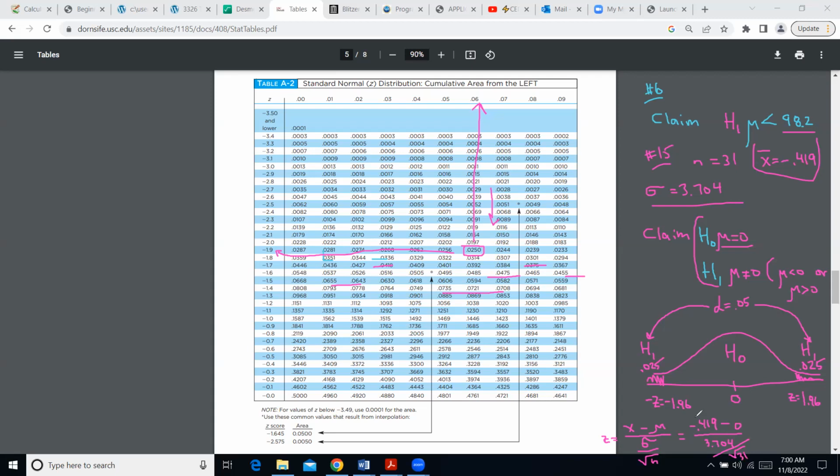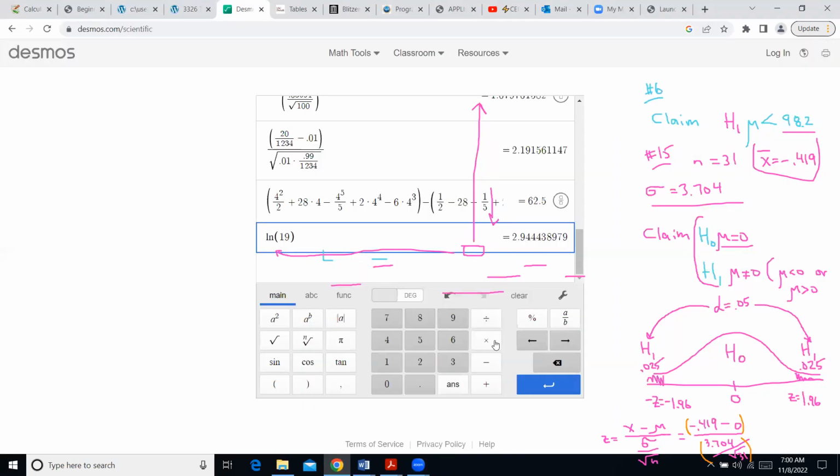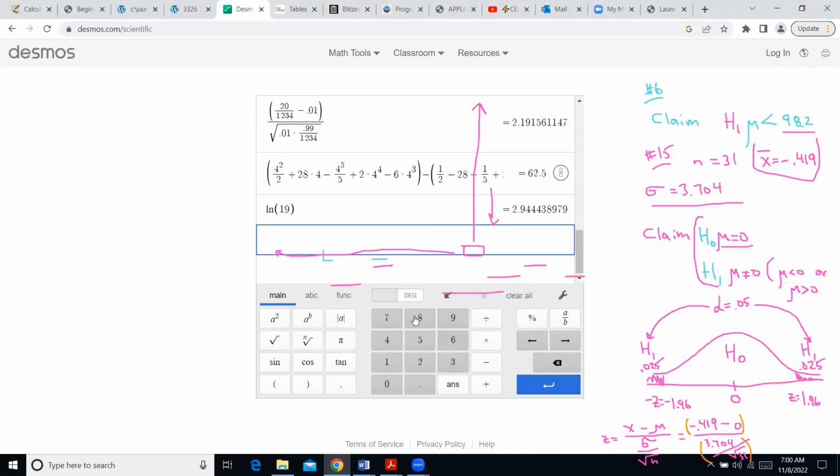So now I need to be careful with this numerator and denominator. We always use parentheses. Of course, you don't have to subtract 0 because it's just going to be the same thing, right? But you want to be a little bit careful and try to get all that entered correctly.